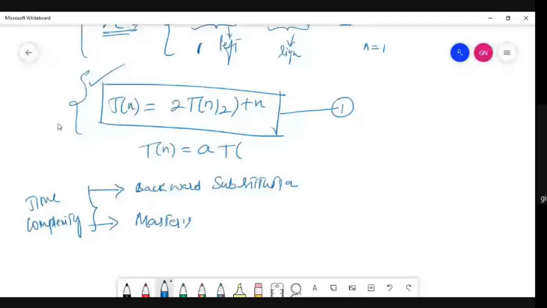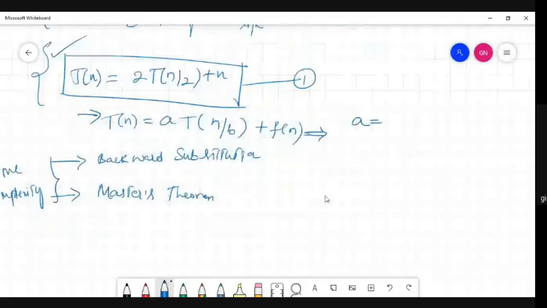Observe, in the master's theorem, we have an equation, that is T of n is equal to a of T of n by b plus f of n, right? Where you have to check for the values of a. Let me write the master's theorem general form so that you'll understand it better.